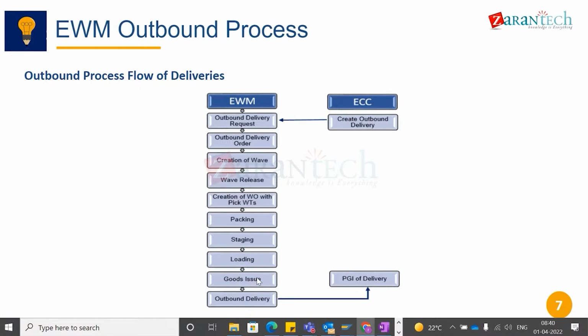The goods issue is triggered, and once it is triggered, the outbound delivery document will be created, and against that outbound delivery document, your post goods issue status will be sent back to the ECC system. So this is your whole outbound process, and these are the different steps that will be followed inside it.